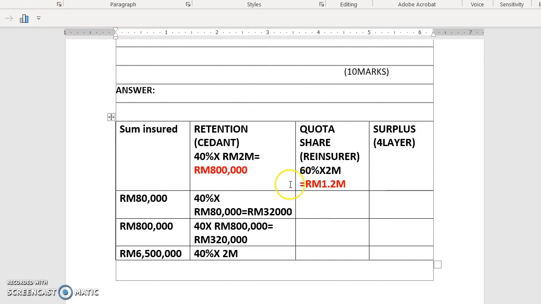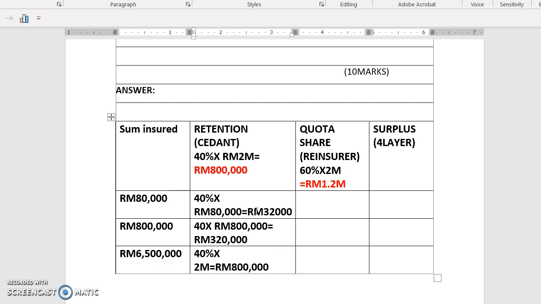We just have to times with 2 million, then we will get the amount of 800,000. This is the maximum amount for the retention, 800,000, that will be paid by the ceding company or the primary insurer.